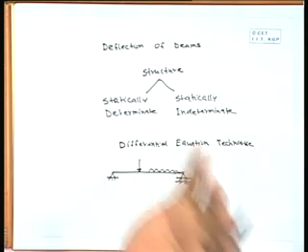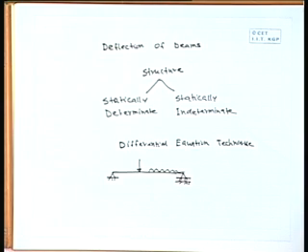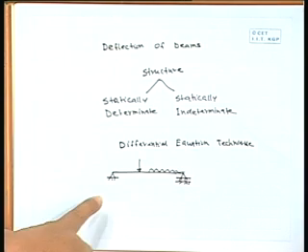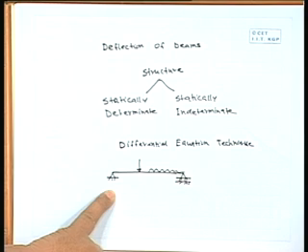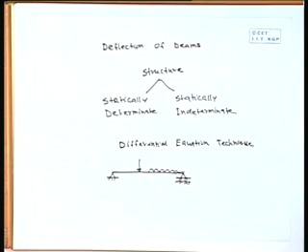I have drawn a simply supported beam, which means one end is a hinge support and the other is a roller support, and the combination gives a stable, determinate structure, with some loading. Here the hinge will provide 2 reactions, the roller will provide 1 reaction. So, 3 reactions can be determined with the equations of statics.